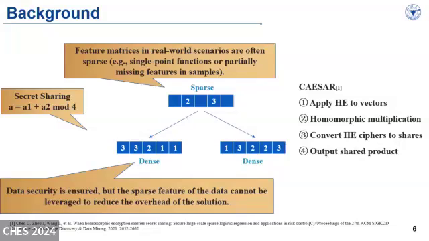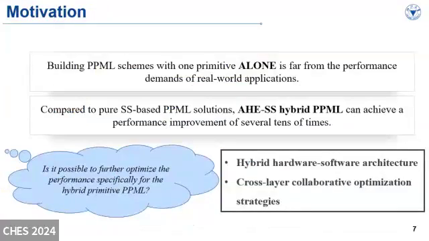In CHES 2021, they applied homomorphic encryption to the sparse vector, then multiplied homomorphically, converted the result back to the shares, and finally output the share product. That inspired our motivation for this work.